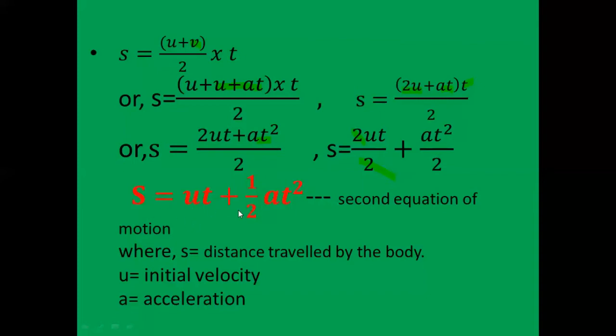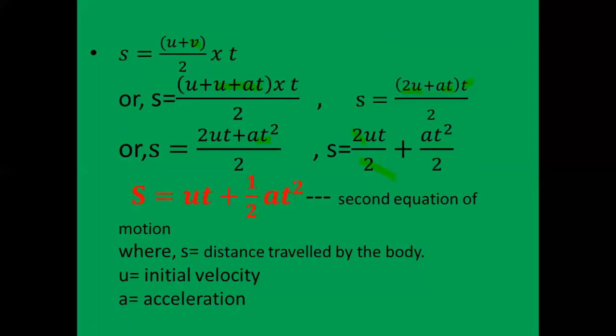This is known as the second equation of motion, where s is the distance traveled by the body, u is the initial velocity, and a is the acceleration. Using this equation we can find the distance traveled by the body. So now we have derived the second equation of motion.